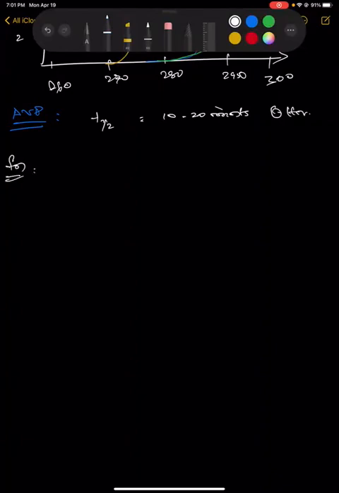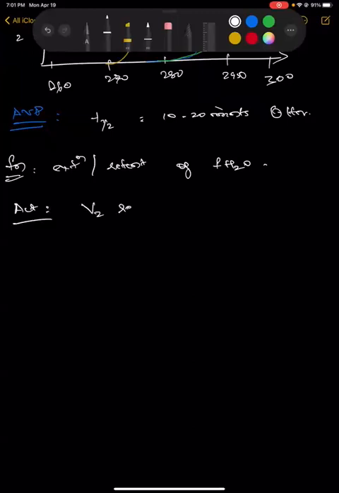Its function is excretion or retention of solute-free water. Its action is via the V2 receptors, and they are present in the thick ascending limb of the loop of Henle, as well as the P cells, that is the principal cells, of the collecting duct.